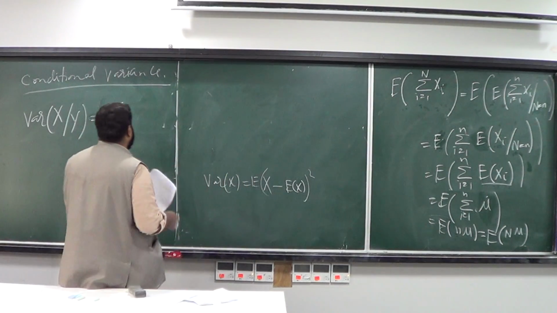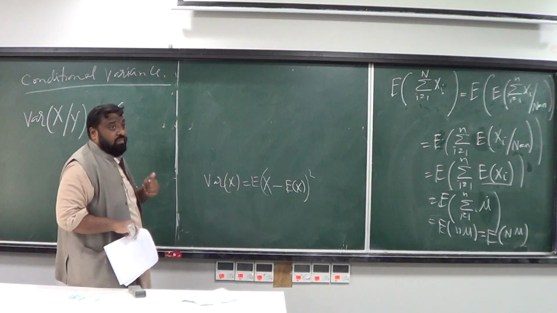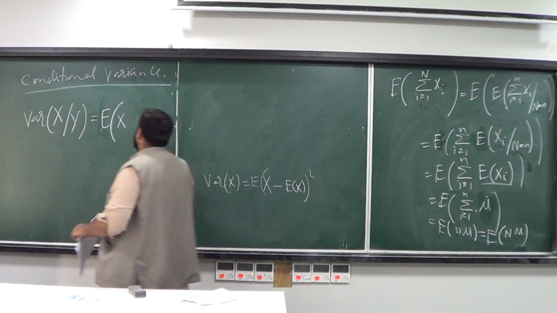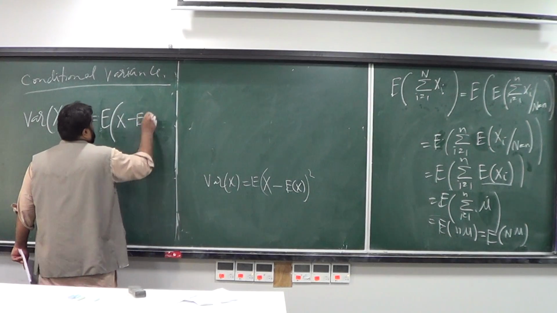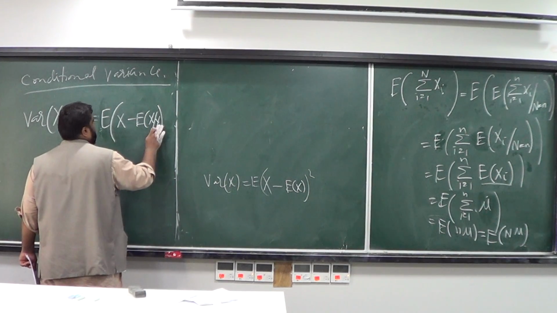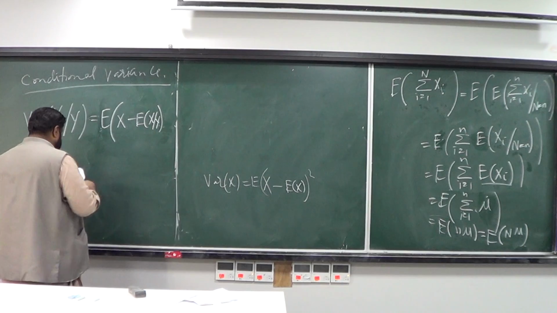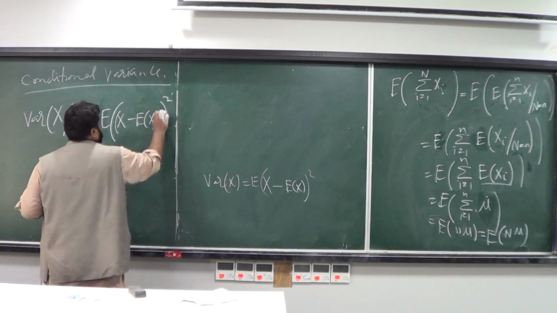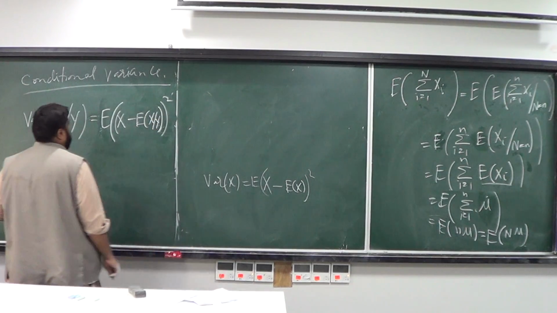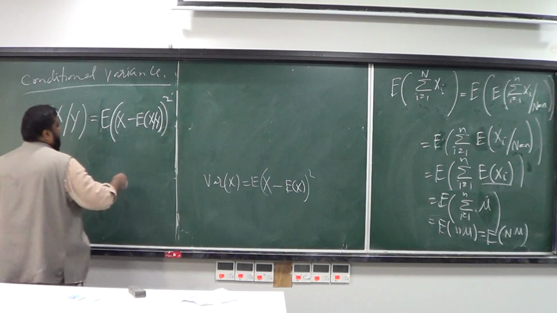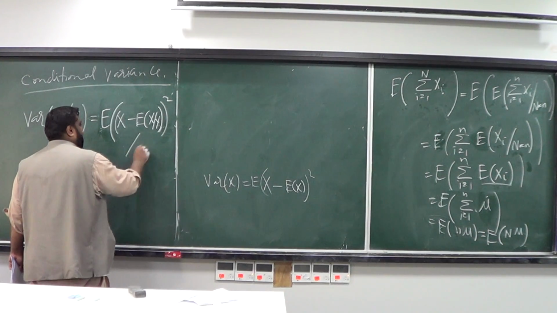Similarly, here it is how much x varies from its conditional expectation, so this is going to be the conditional expectation of the square of x minus the conditional expectation, given y.